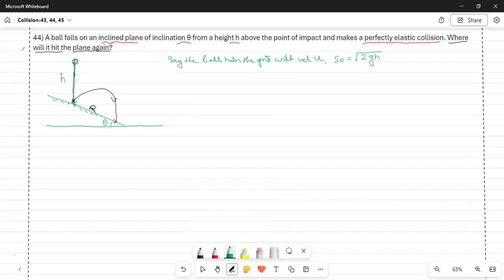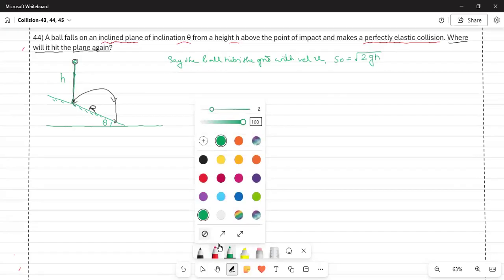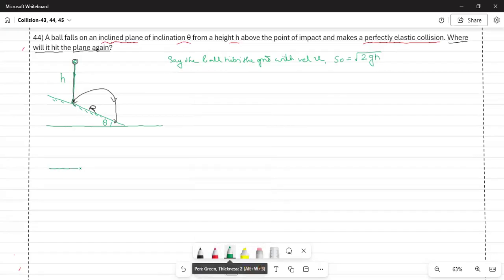Now, when the ball hits the ground, mind it, like in earlier problems the ground was horizontal and the ball hit it at an angle theta. Here, if you just rotate the ground in this direction, the same situation arrives.